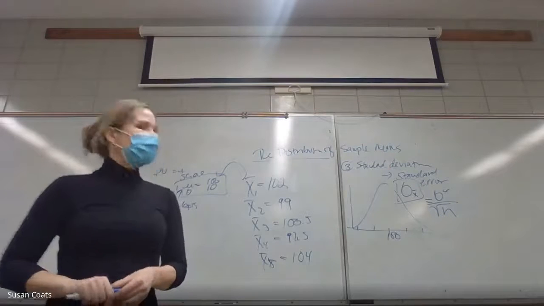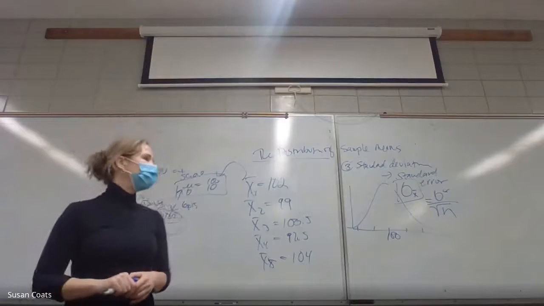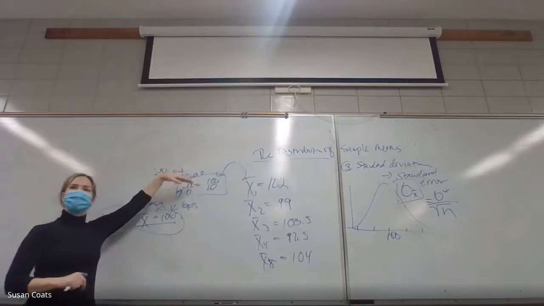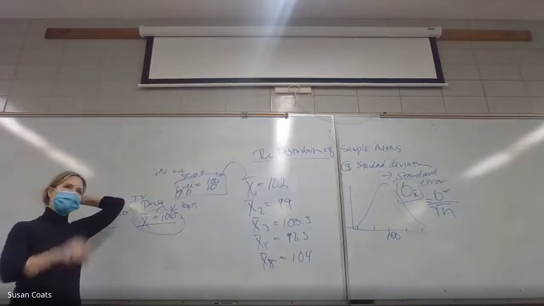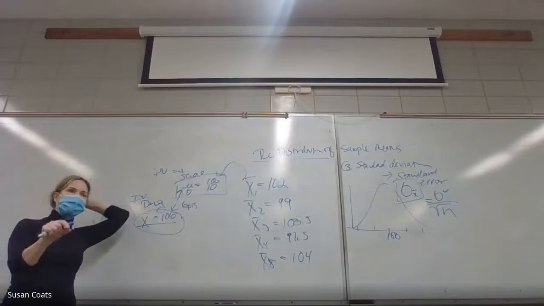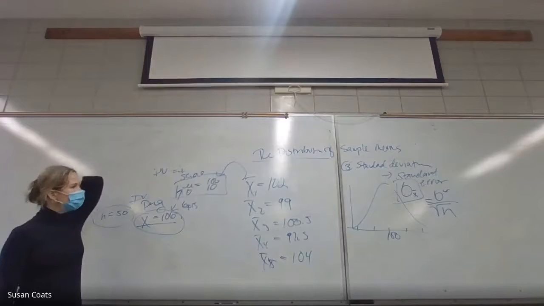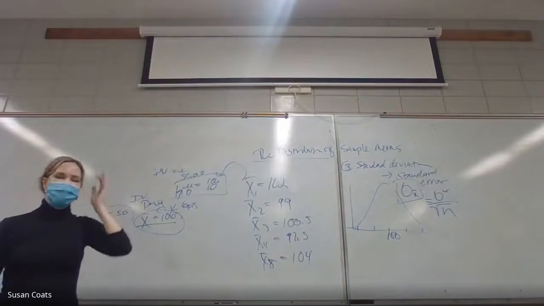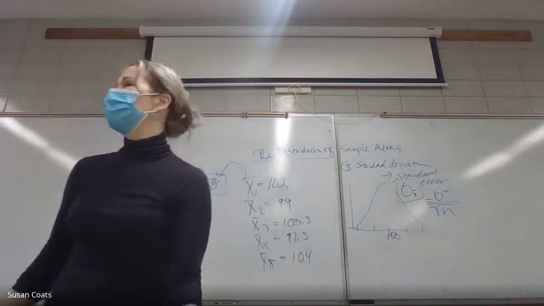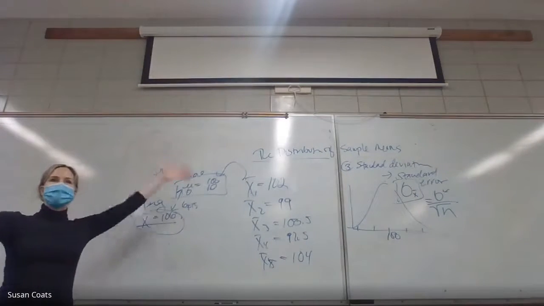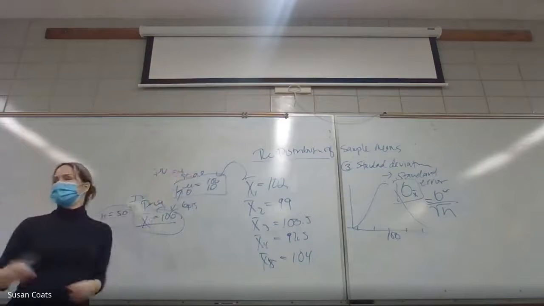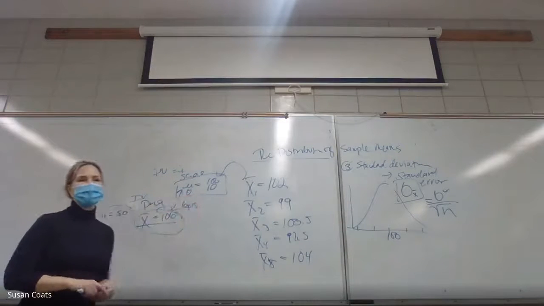Okay, and why is that? Why does how much the scores vary in the population affect how much error we expect between a sample mean and the population mean on average? The only way I know how to describe this well is just to give an extreme example. Let's take an extreme example where the mean IQ is 100, because that's no different than what I've written up here.